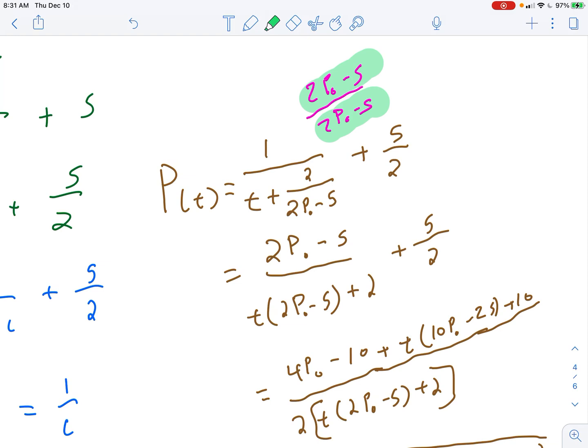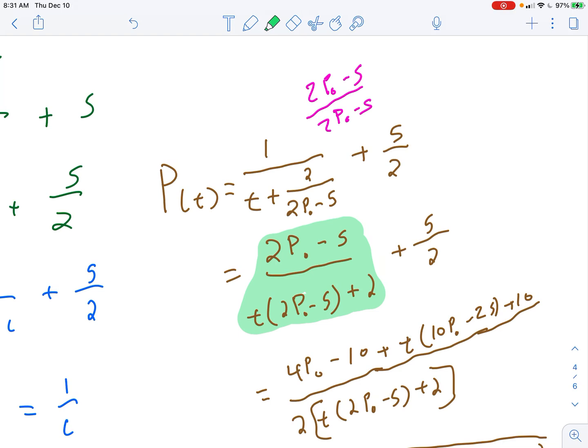And then the entire denominator is going to be multiplied by 2 times p sub 0 minus 5. That's going to take care of this fraction, and we're just going to be left with 2. But then we have to multiply t times p sub 0 minus 5, and that's how we get that. So this is how we've gotten this equation right here.